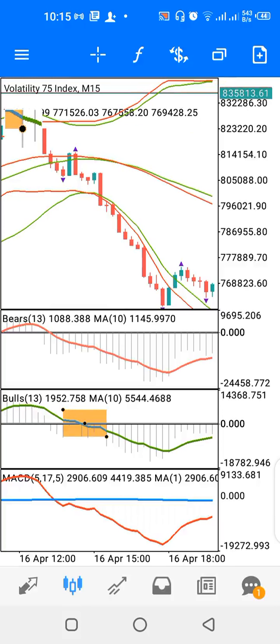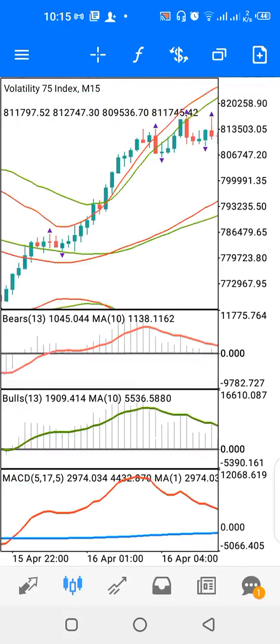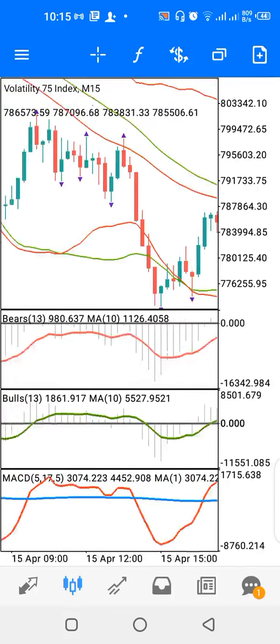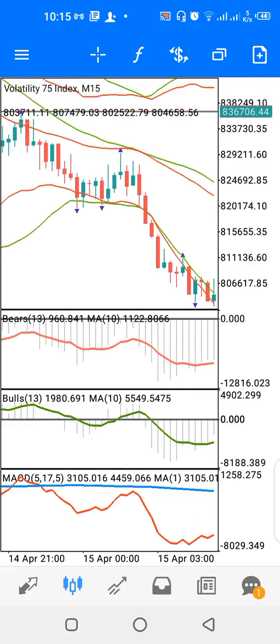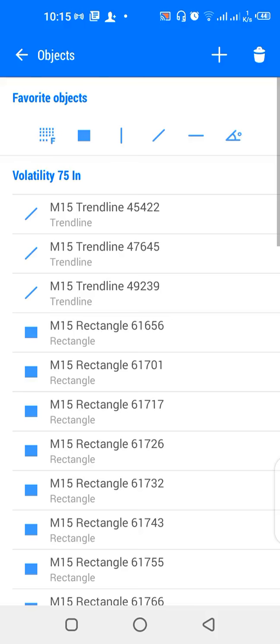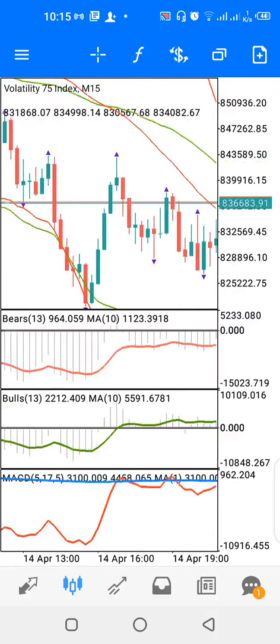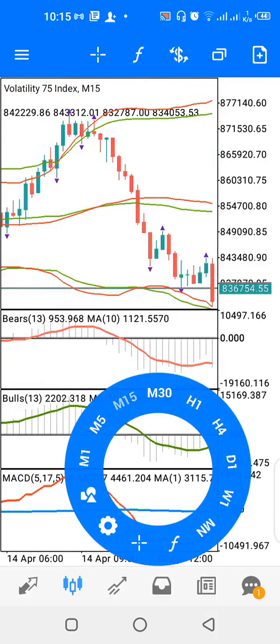Time to sell around there. Time to buy around here. And time to sell around here. It's time to sell. Retest, then time to sell. This is another time to sell.